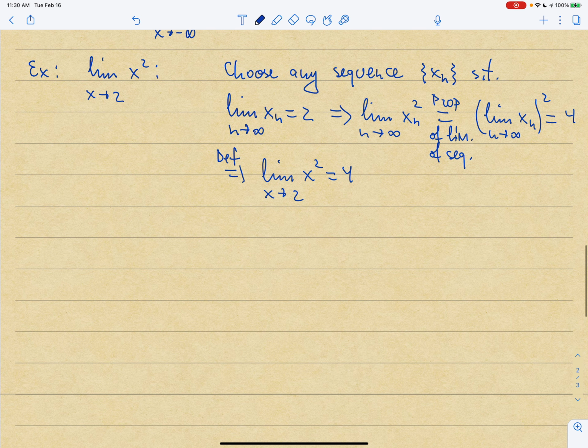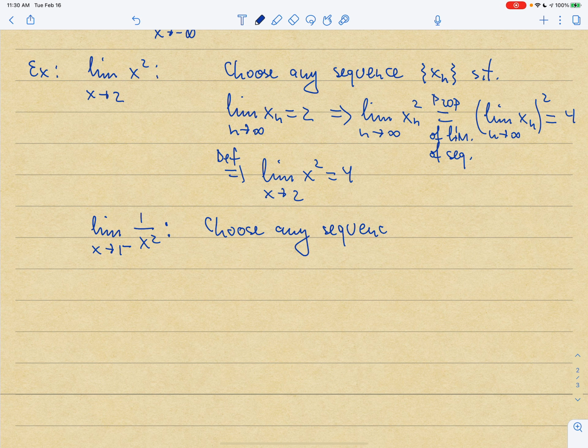Let's do another one. Limit x goes to 1 minus, I don't know, 1 over x squared. What do we do here? We're going to choose any sequence xn such that, in this case this is a limit from the left actually.